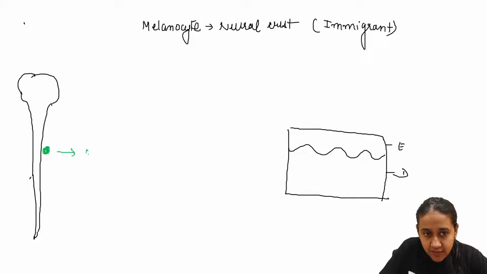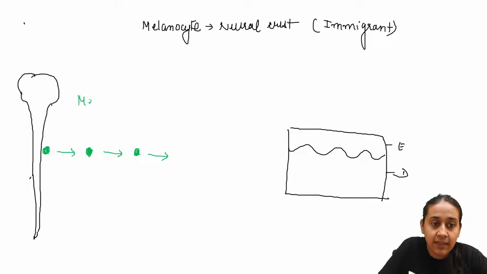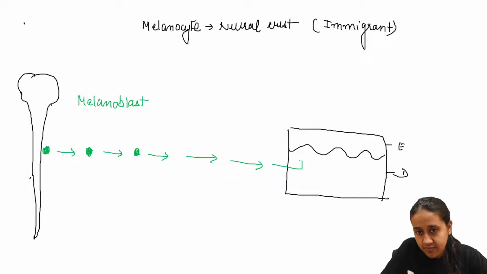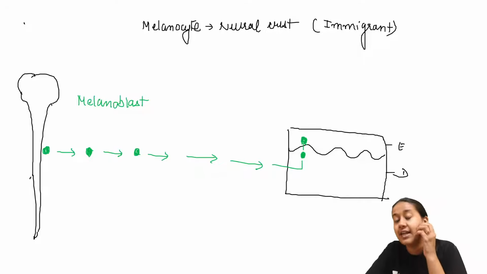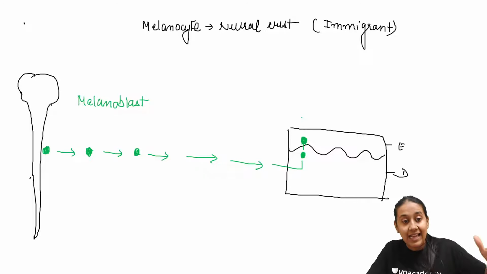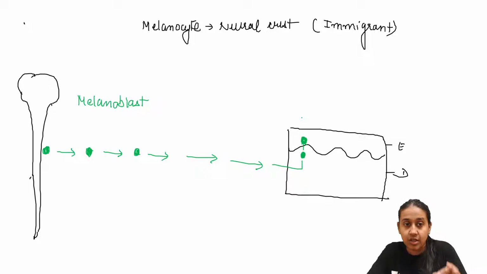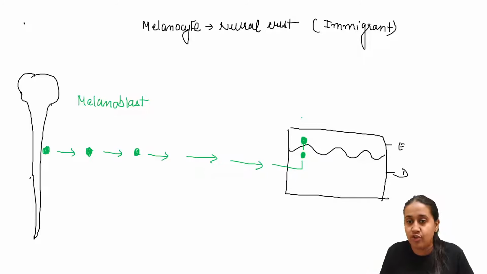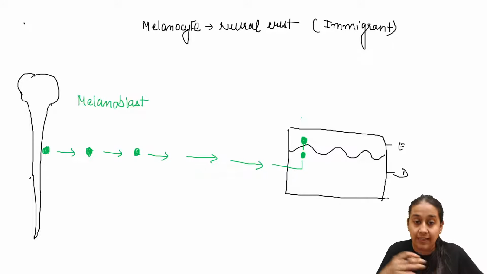The precursor cells which migrate are the melanoblasts. ठीक है? So these melanoblasts migrate, enter the skin through the dermis, and then finally reach their destined space, that is the stratum basale of the epidermis. And this whole process of migration occurs during embryogenesis. I hope this is clear and there is not much confusion that melanocytes do migrate.